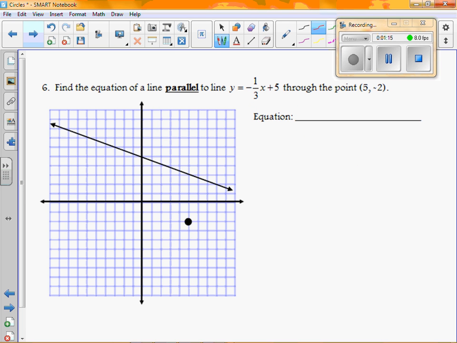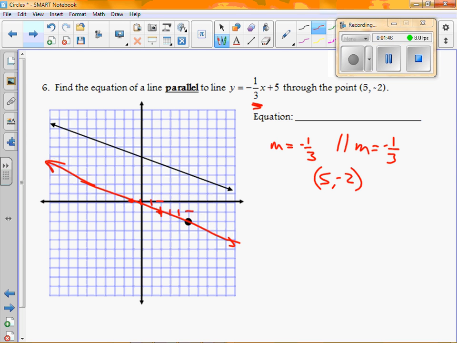The slope of this line is negative 1/3, so the slope perpendicular to it is up 1 and left 3, up 1 and left 3. So you draw it in there, and these lines, if I kept going, they would be parallel, because you have a slope of negative 1/3 and your parallel slope is negative 1/3, and you're using the point 5, negative 2.